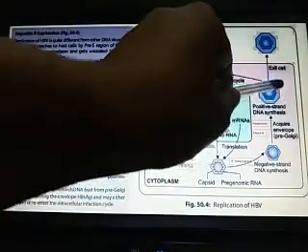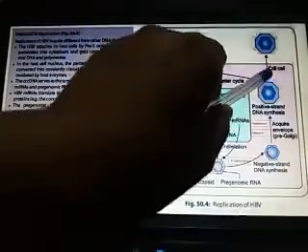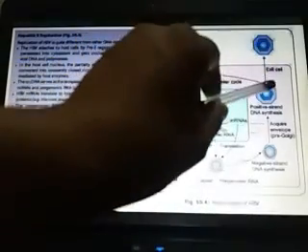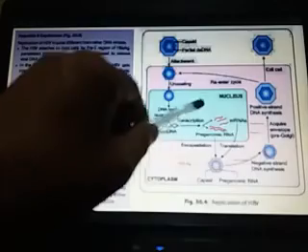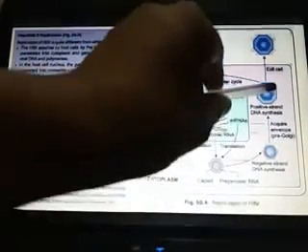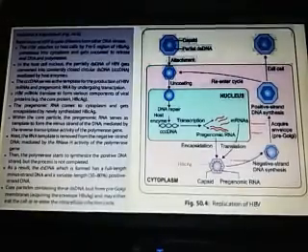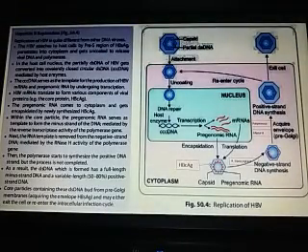And now it becomes an infective virus. Now there are two chances: either this virus may re-enter the cycle, or may exit from the host cell to infect other cells or healthy persons.